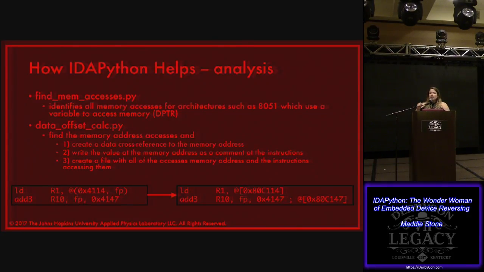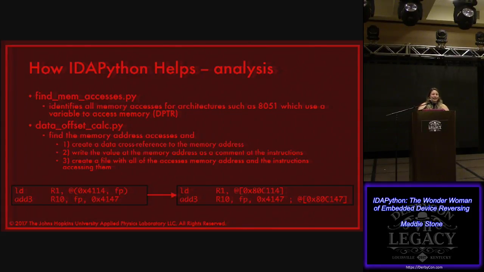For others, they just have different places in the image so that they can use different values for calculations, timing, things like that. So everywhere in the code, I kept seeing things like this: load the value that is at the frame pointer plus hex 4114 into register 1.